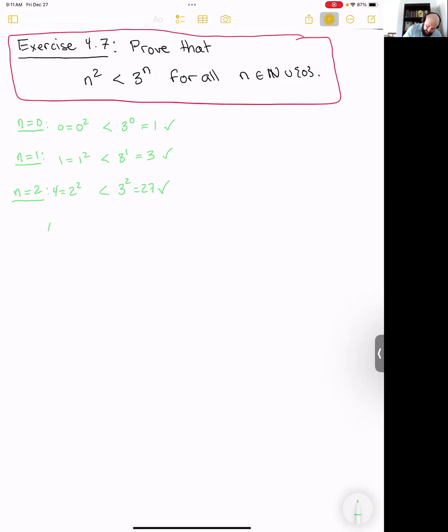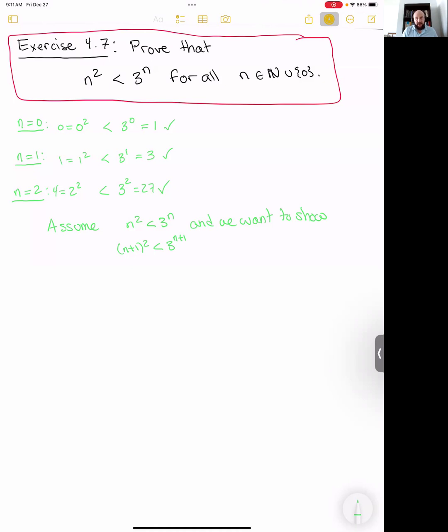Now we want to prove this. We get to assume that n squared is less than 3 to the n, and we want to show that n plus 1 squared is less than 3 to the n plus 1.